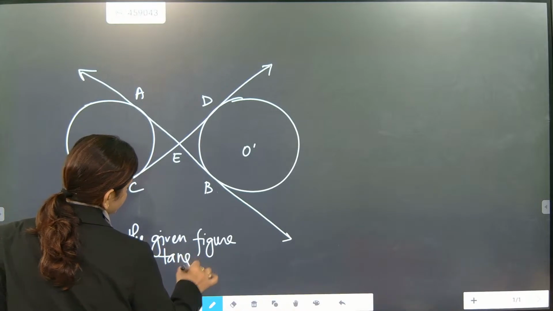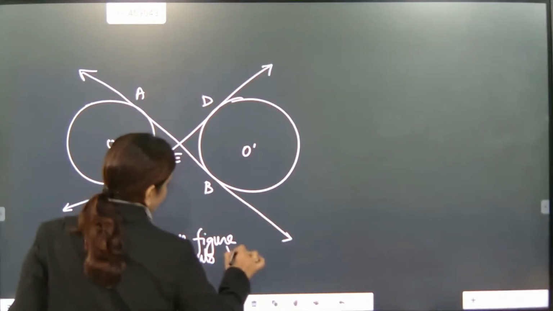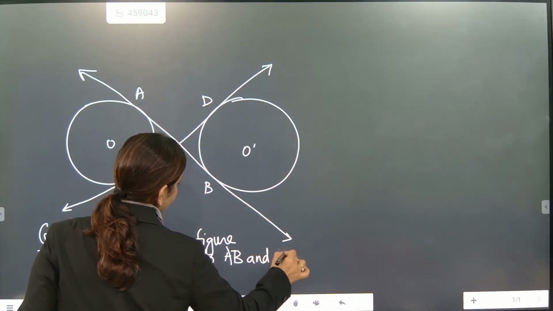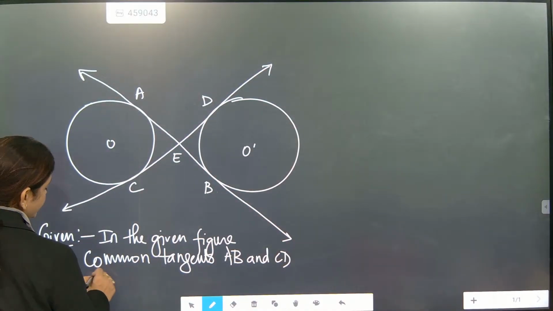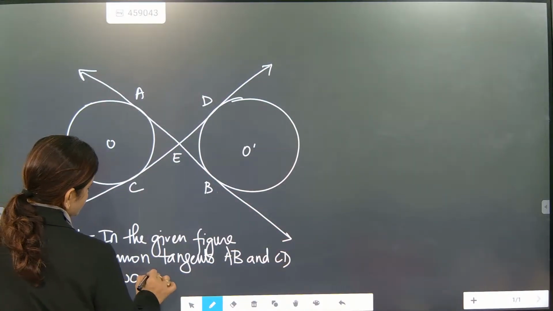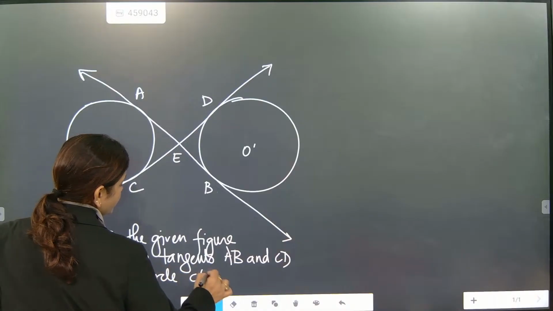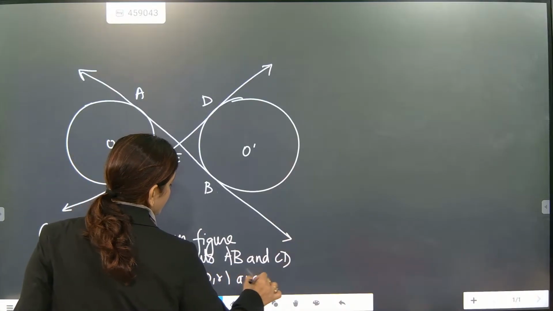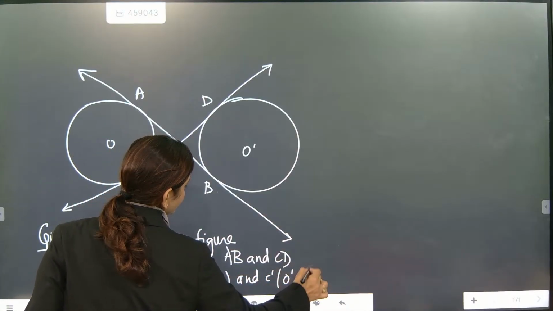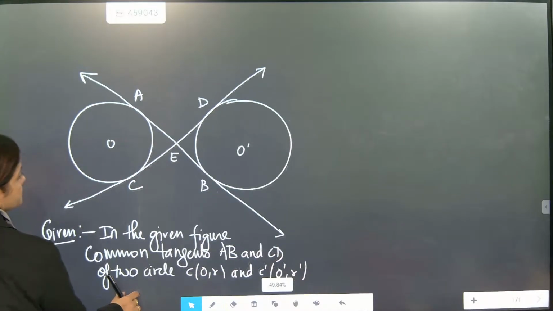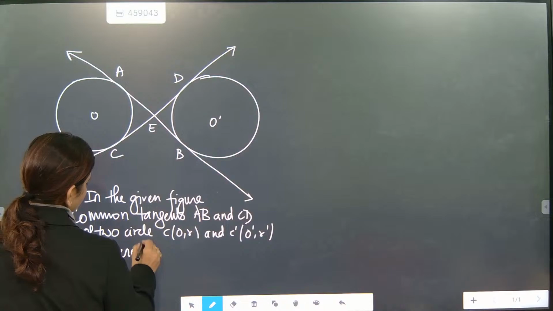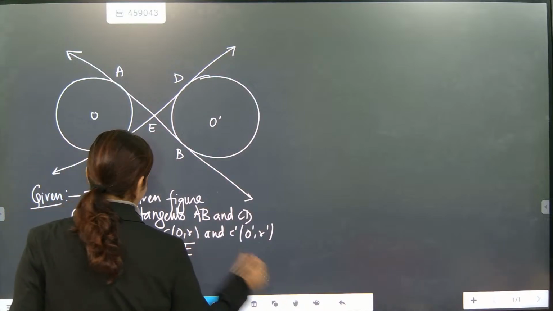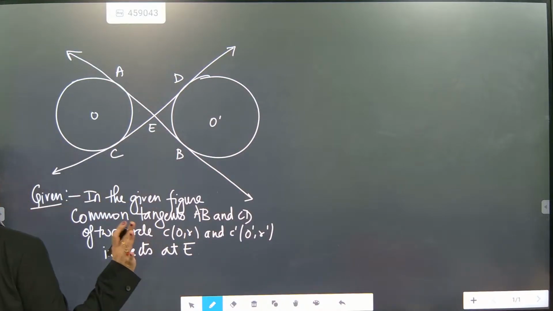Common tangents AB and CD of two circles intersect at E. Of two circles, C with center O and radius R, and C dash with center O dash and radius R dash, intersect at E. Understood? After that, what they are telling, please listen very carefully.